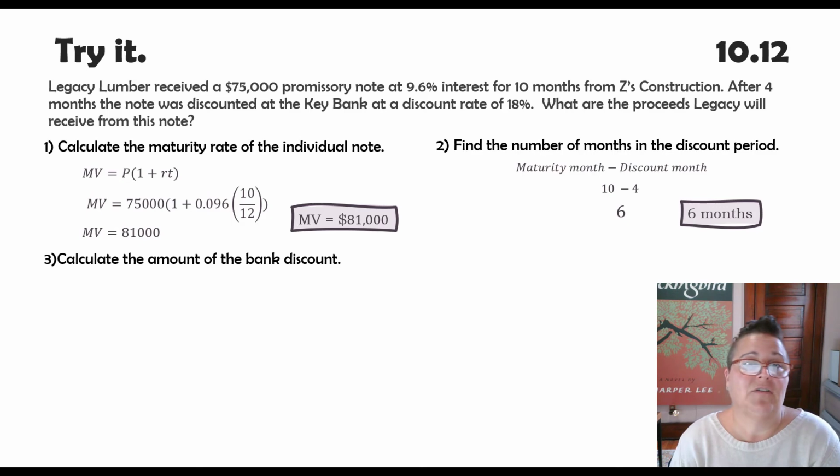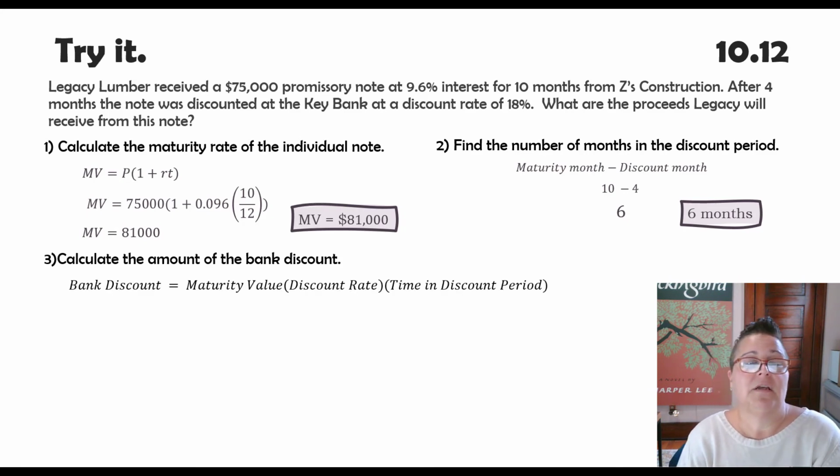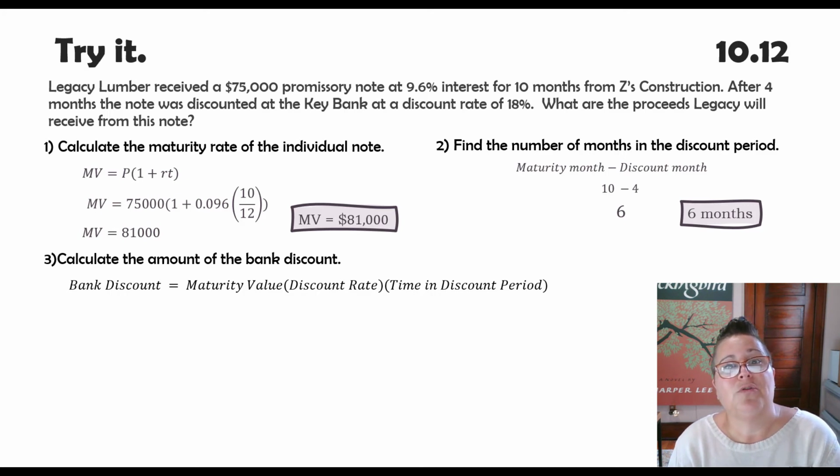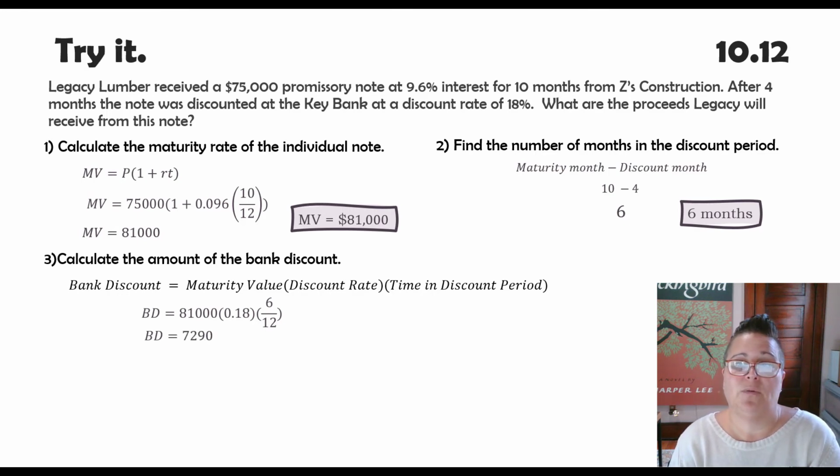So now we're going to calculate the amount of that bank discount. The bank discount uses the maturity value of the loan, that's the $81,000, times the discounted rate of 18% for the remaining 6 out of 12 months in the discount period. So 81,000 times 0.18 times 6 out of 12, or $7,290.